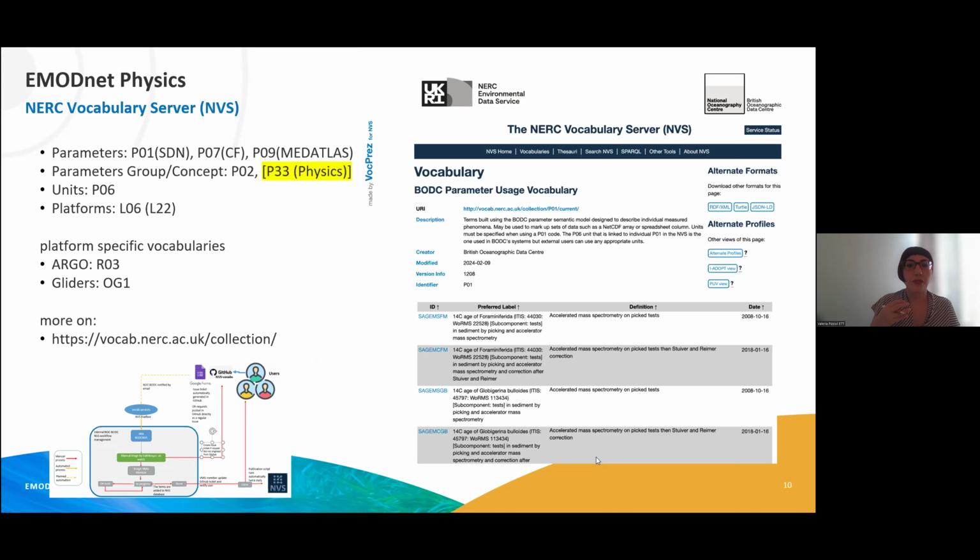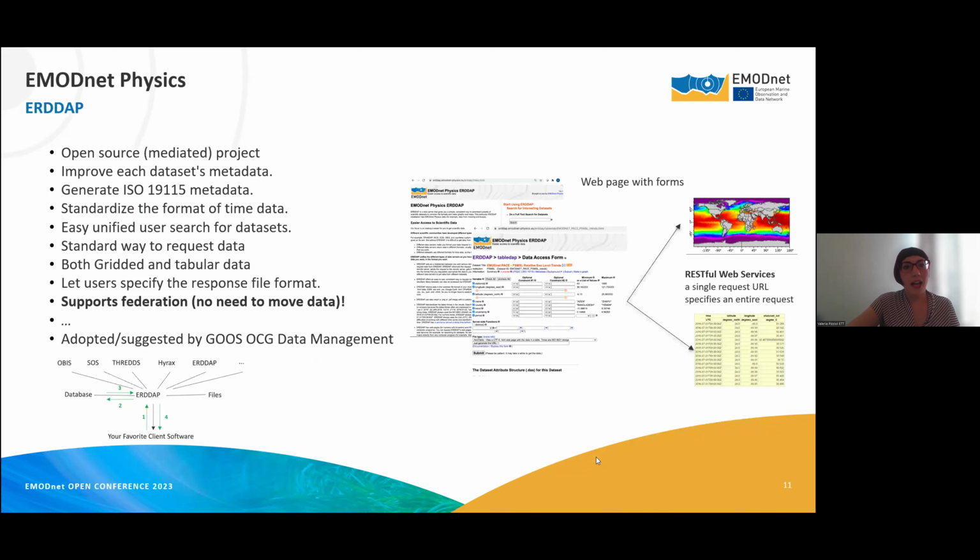So, for example, all the data connected to salinity, or to another physical quantity, can be brought together by a new set of vocabulary, which is identified with the code P33.